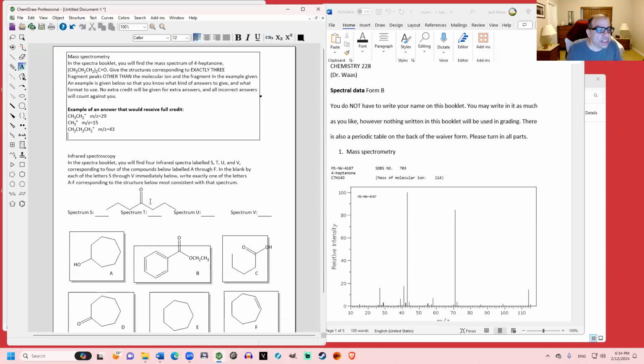Another cation you can get is by breaking this bond here and putting the plus charge on the carbonyl carbon. That's an alpha cleavage. So you get CH3CH2CH2C double bond O with a plus charge on carbon. That's another fragment that we get.